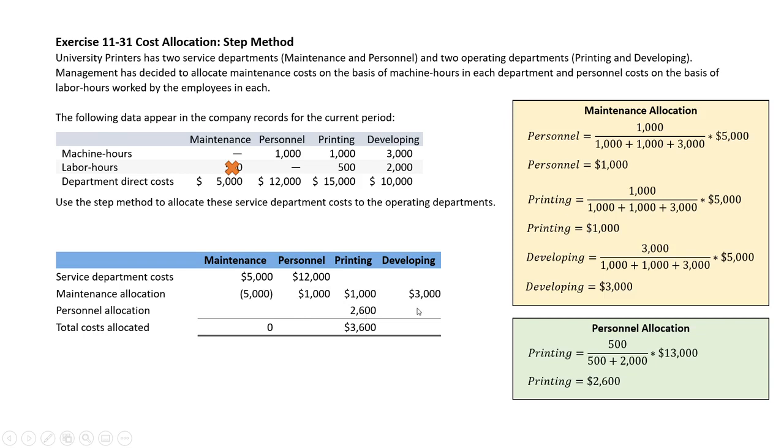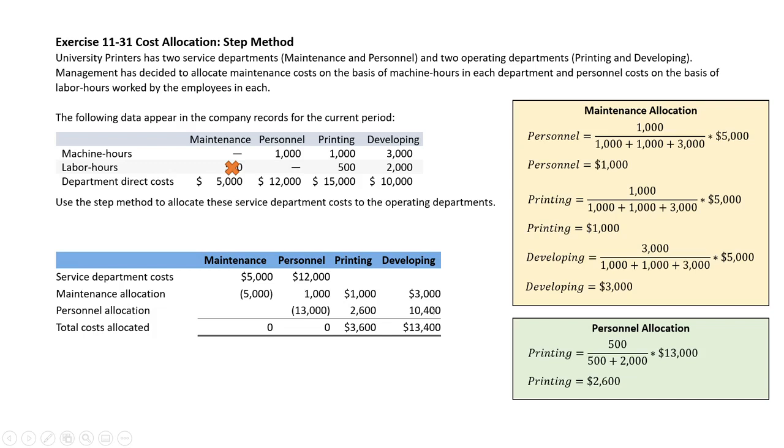Now, you can also back into this and say, well, if it's $13,000 in total and 2,600 of it is allocated to printing, then the remaining amount, or 10,400, must be allocated to developing.